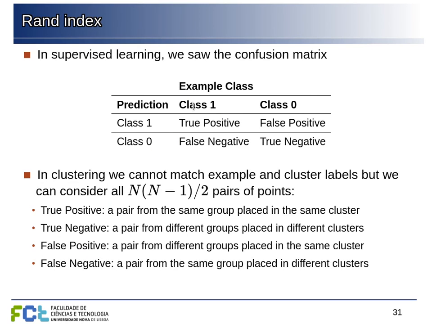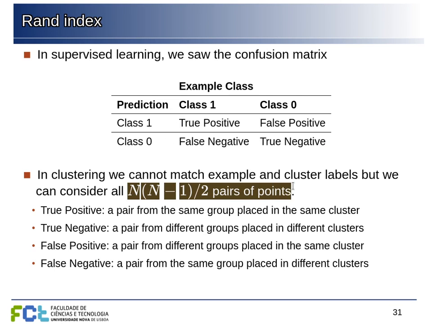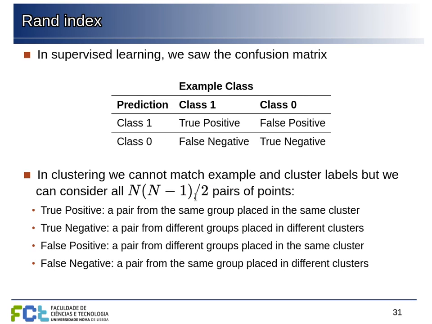What we can do is, instead of considering each particular example, we can consider pairs of examples. And now a true positive would be a pair of examples that belongs to the same external group, for example, a pair of positive examples that we placed in the same cluster, because if they belong to the same external group, they should be in the same cluster.